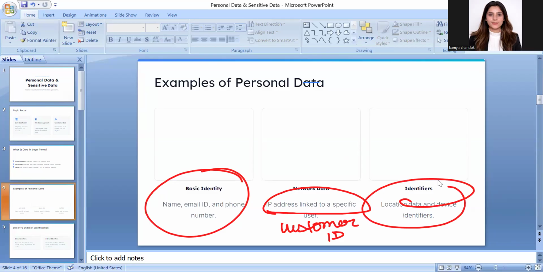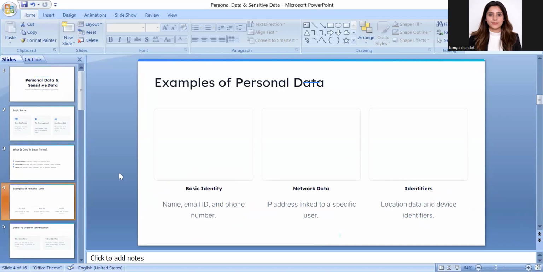All of these are examples of personal data. The key idea is, if the data allows someone to be singled out, it becomes personal data.